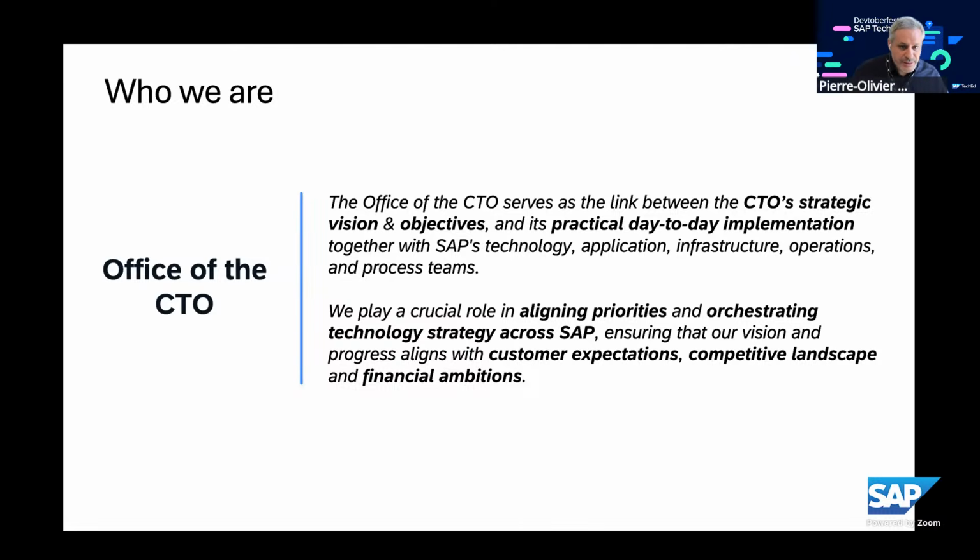So we are the Office of the CTO. And our role is to define the strategy within SAP for the next 2-3 years. So basically, we are working on some specific or strategic topics, for example, agent-to-agent, MCP servers, etc. So there are a couple of topics right now, and we are covering this part.